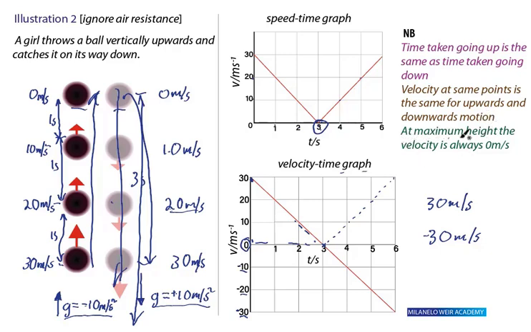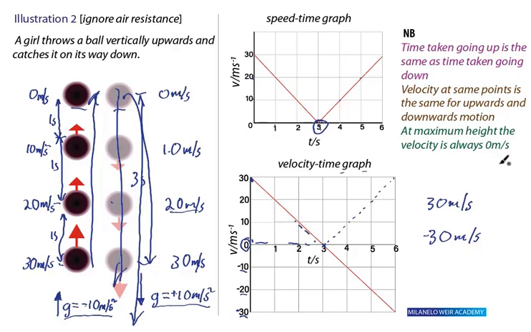Another thing: at maximum height, the velocity is always 0. These are the things you need to remember, because sometimes when solving questions, you might think you're not given enough information. But the fact that there is a maximum height means the final velocity has to be 0.